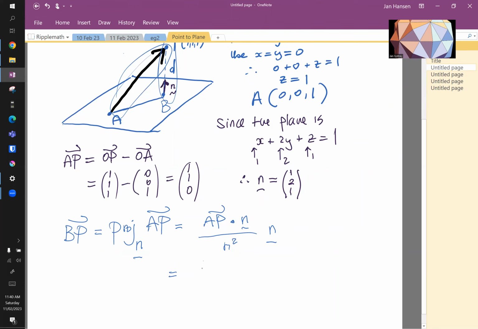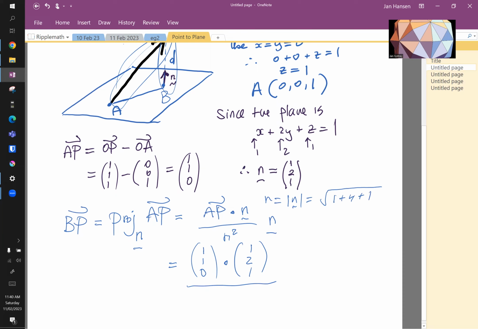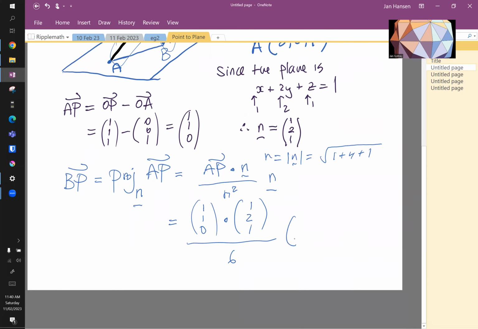So you put (1, 1, 0) in there, dot product with N, which is (1, 2, 1). The magnitude of N is the square root of 1 + 4 + 1, so that's the square root of 6. The magnitude squared is 6. Put that there, (1, 2, 1).